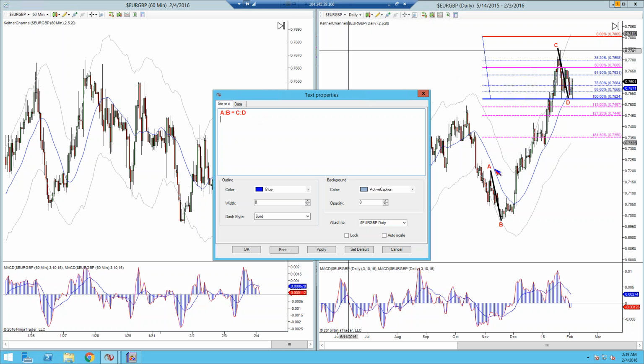So this A to B, C to D is called an alternate.